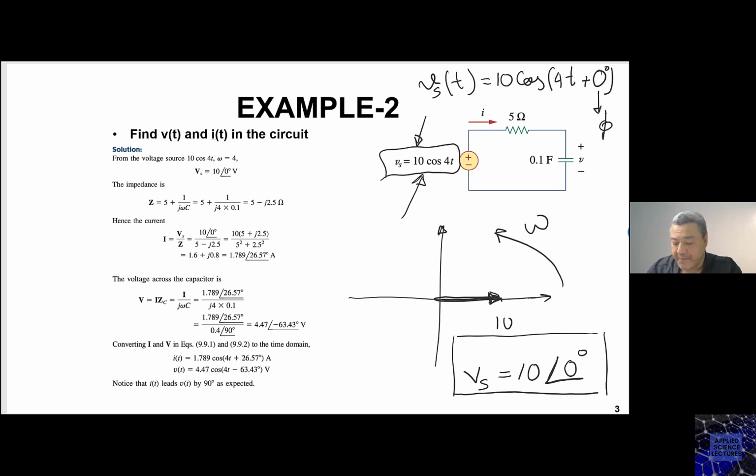That's why, when I do the analysis on circuits that have AC signals, with the same frequency for all the sources, what's important to me is the amplitude of that source and the phase of the signal, which is the phase offset here being 0 degrees.